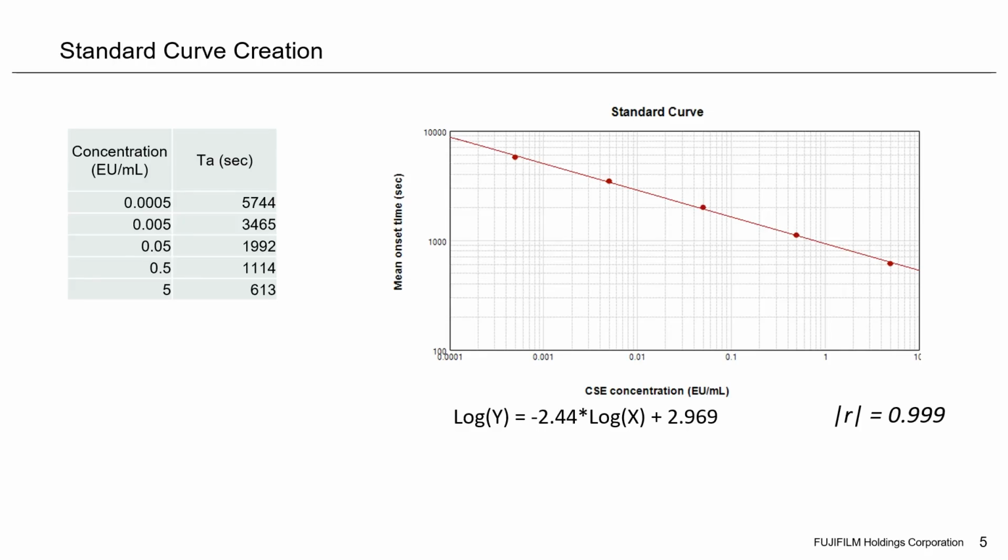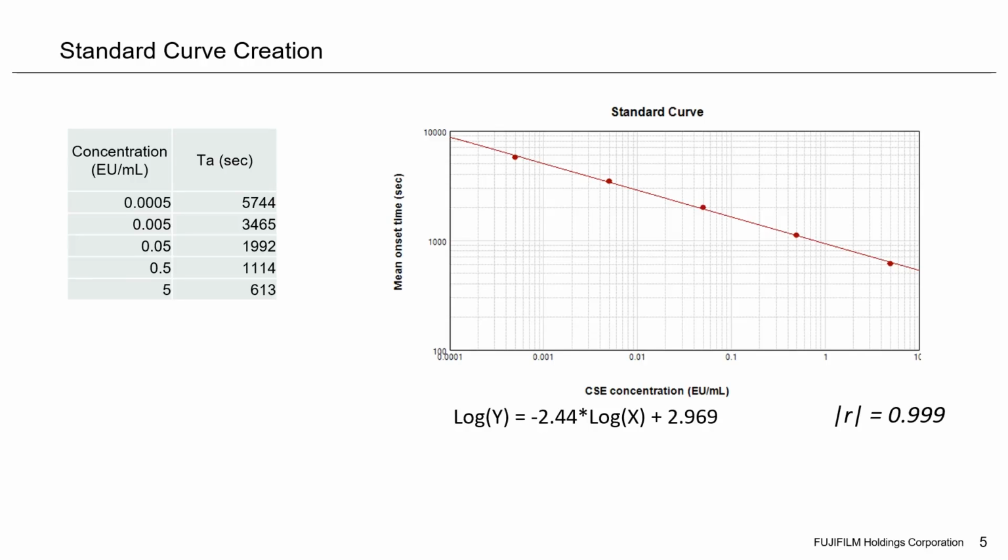Now, any regression is allowed by the pharmacopoeial standards, but our reagent specifically, we use a log-log linear reduction for the regression of that standard curve. So you can see that here. Basically, on a logarithmic graph, you see the CSE concentration on the x-axis, the onset time on the y-axis, and you can see the absolute value of linear regression that we received from that.